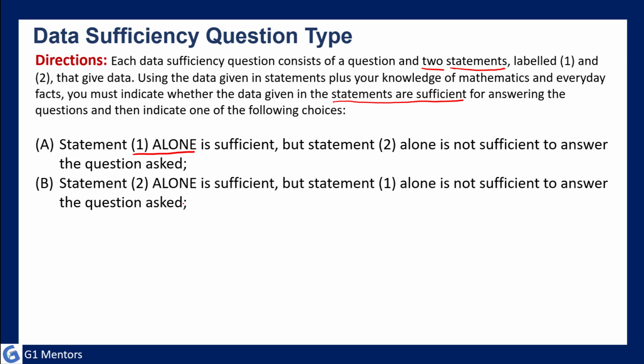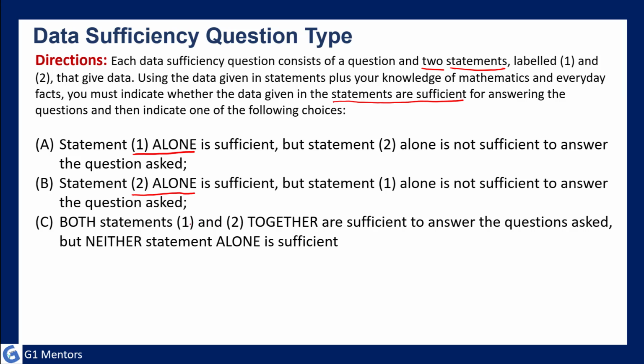The second choice is if statement 2 alone is sufficient, but statement 1 alone is not sufficient to answer the question asked. The C choice is both statements 1 and 2 together are sufficient to answer the question asked, but neither statement alone is sufficient.